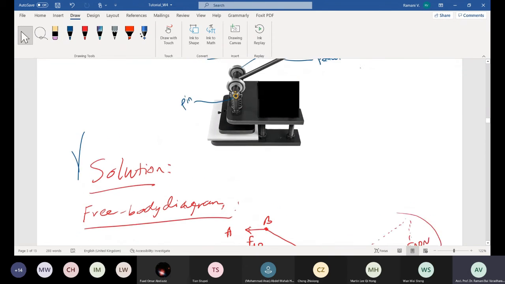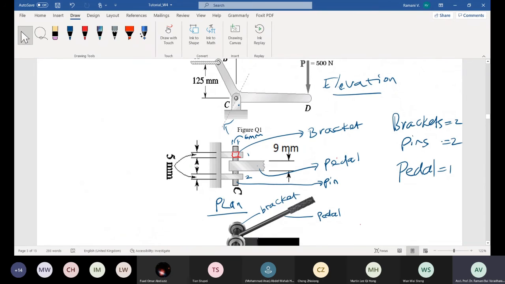There are 2 brackets and 2 pins have to be there to fix it, isn't it? On the other hand, the pedal will be only one to cut. Because there are 2 pins, the same load, when I put it perpendicular, the C is acting at this point, shared by 2 brackets, shared by 2 pins.